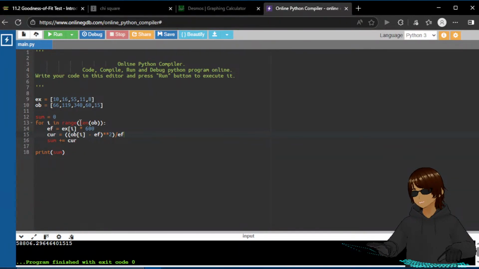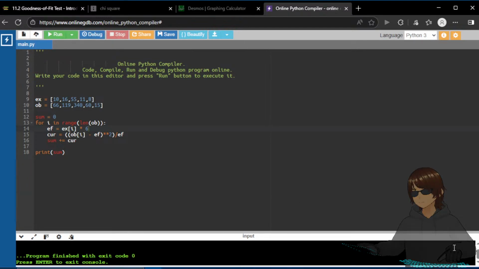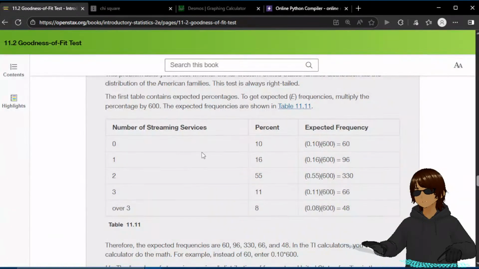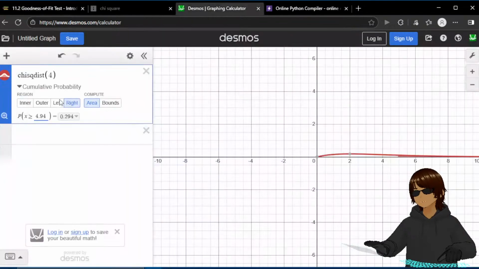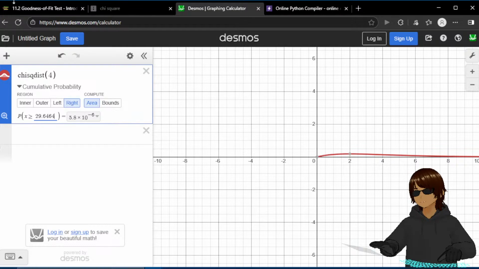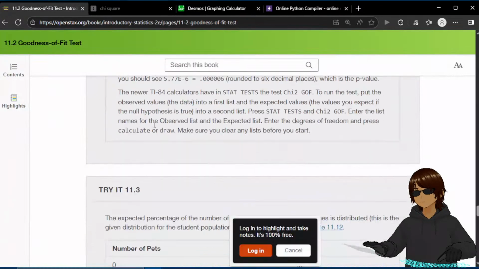Oh wait, this is a percentage. I have to divide it by 100 first. 29.6464. Yeah, this is the correct now. I see what my mistake was. 29.6464. Okay.